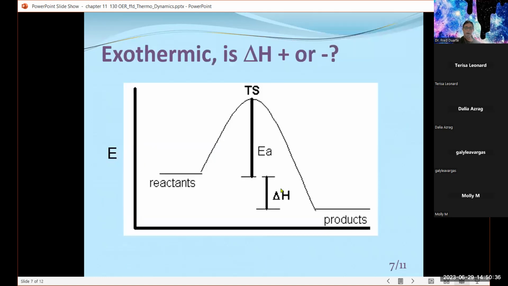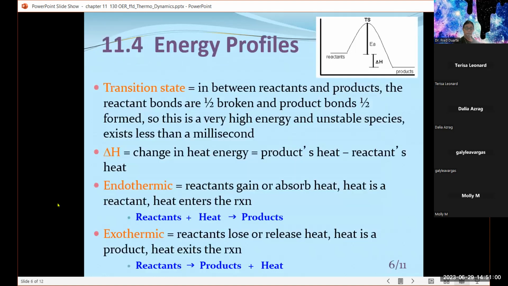All right, so looking at this graph, what you should be able to identify are what are marked there. What is marked? Where the reactants are, where the transition state is, where the energy of activation is, where delta H or the energy of the reaction is, and where the products are, okay? The change of heat energy is delta H, also known as the energy of the reaction.